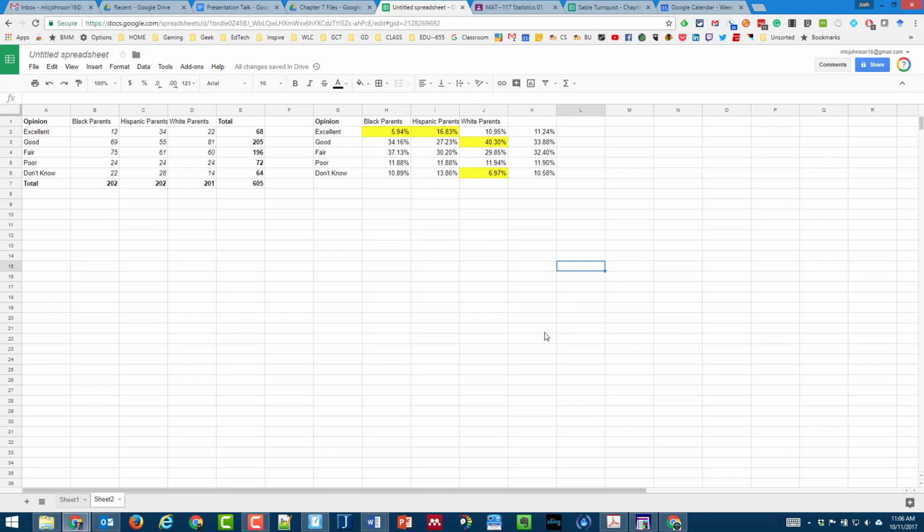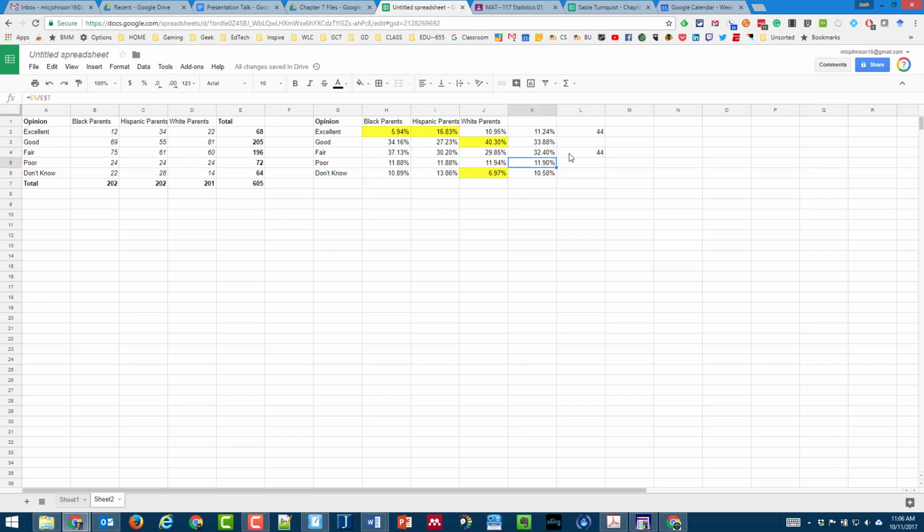Overall, it looks like about 70% of the parents think that it's doing okay or better. 11% of the parents find that it's in poor shape, or you could look at it as these two together, 44% up here and about 44% down here, 43.